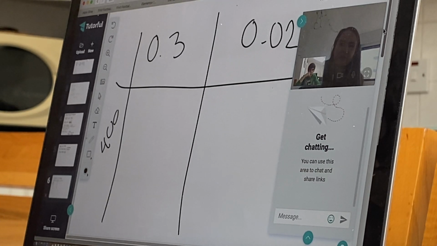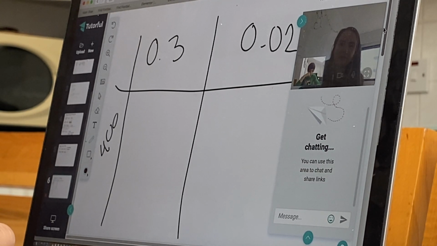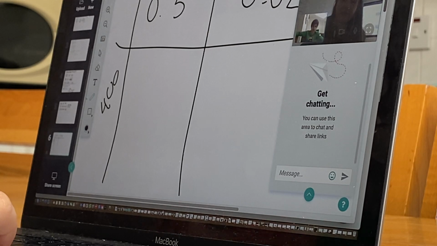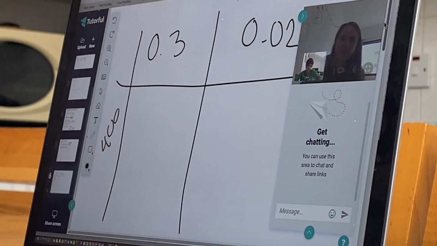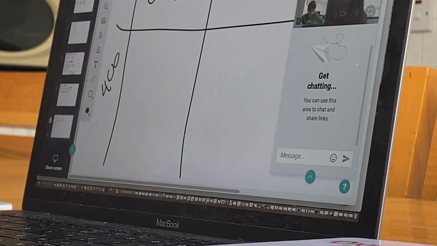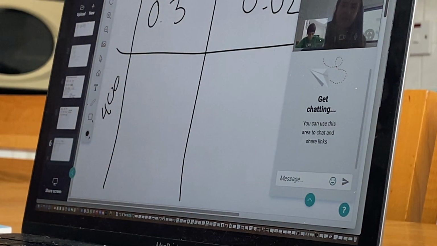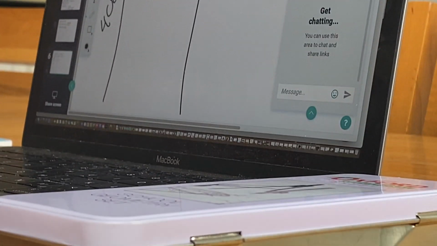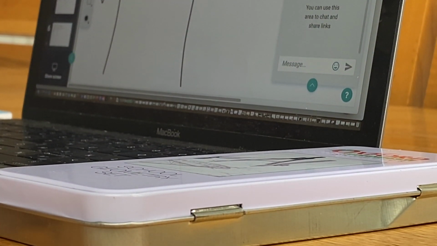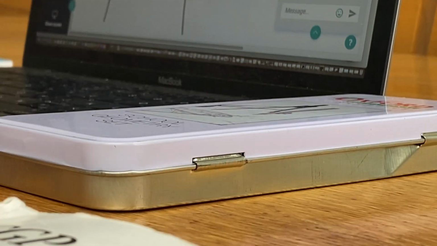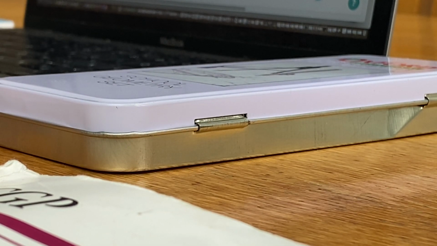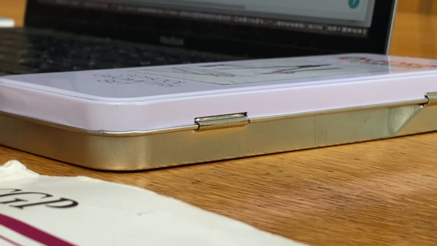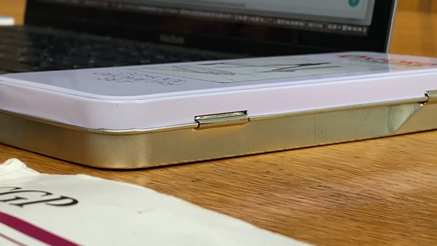So times 0.3, it's going to be 120. Yeah, so 120 goes here, and what goes in this square here?